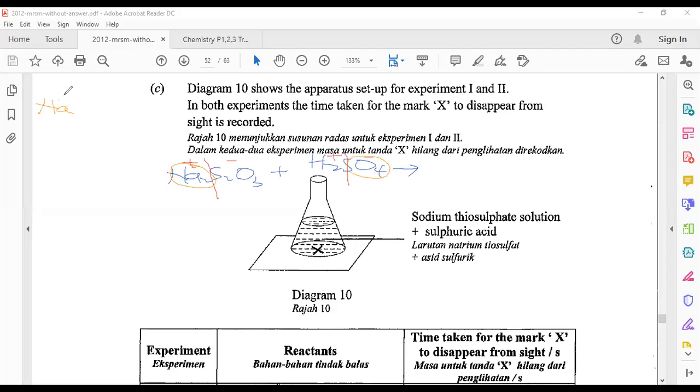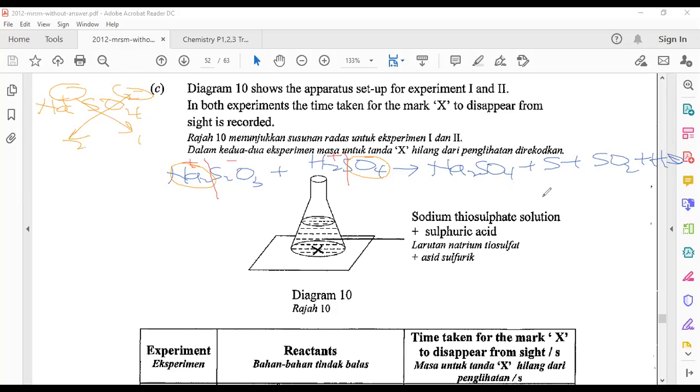Na positive, take the number 1 and cross it, take the number 2 and cross it. So you actually get Na2SO4. Don't forget the sulfur dioxide and water. Then you check whether the equation is balanced or not.